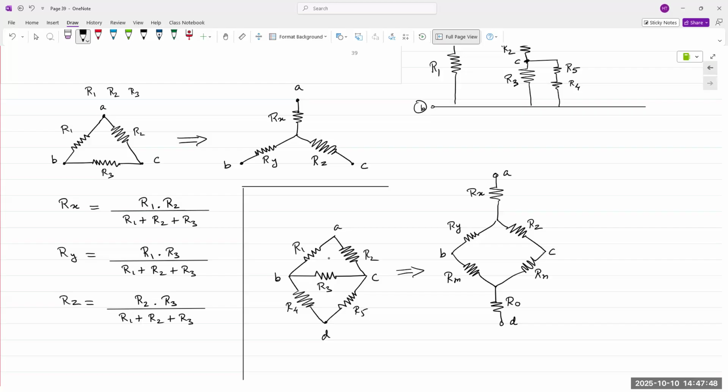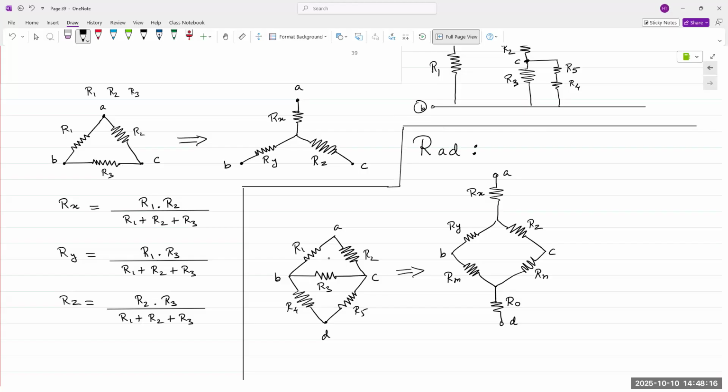Does everyone see the reduction? If you wish to find the REQ between A and D, then this is what we do.